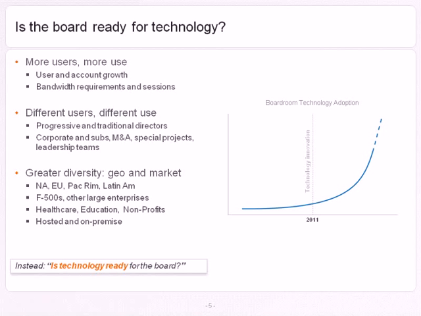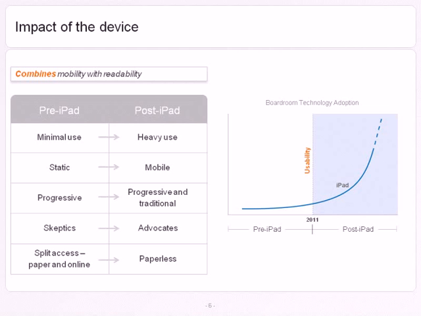Instead, it's a more straightforward answer: there's a cumulative improvement in technology, and it has now reached a point where it has become useful and beneficial in the boardroom itself. Consider it a tipping point. To us, it's less a matter of whether the board is ready for technology, and more a matter that technology has simply gotten ready for the boardroom.